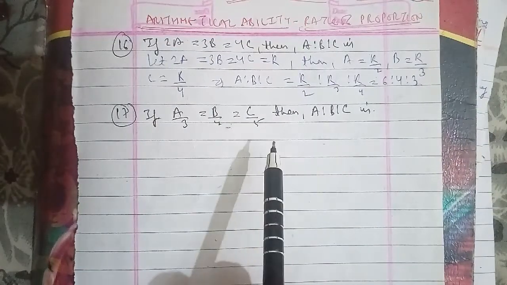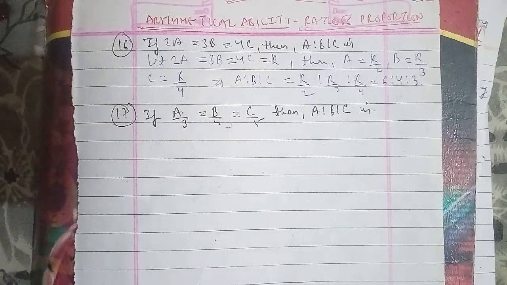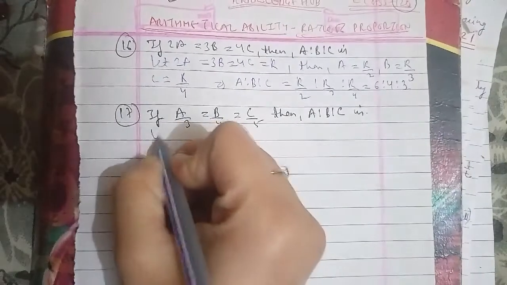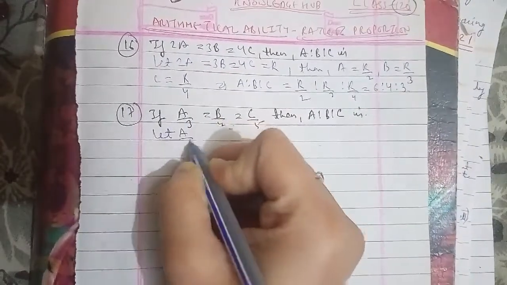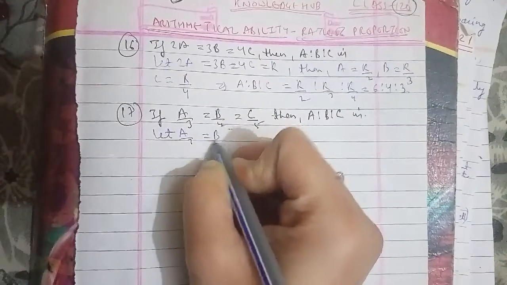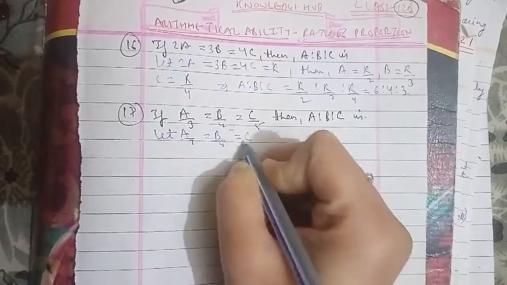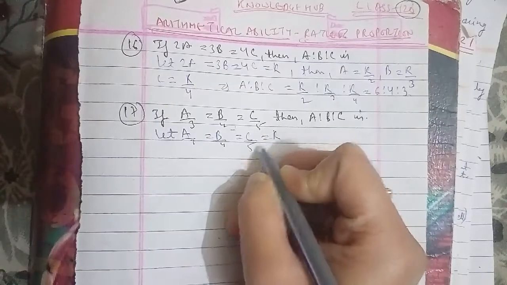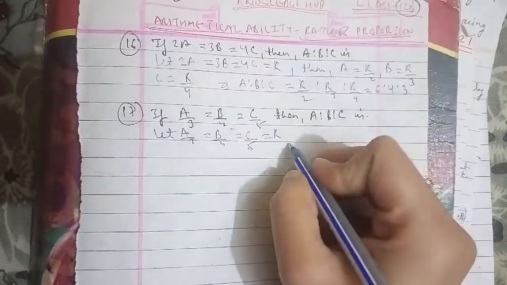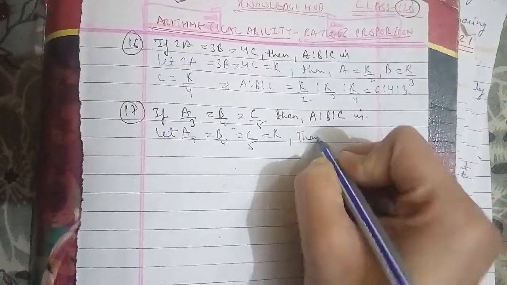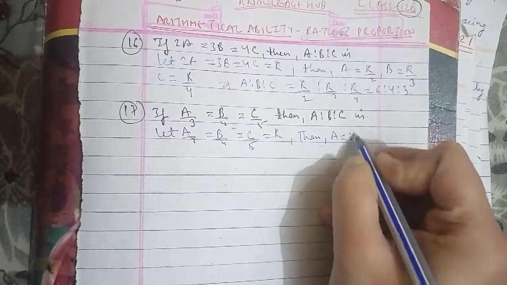So let a by 3 equals b by 4 equals c by 5 equals k. Then a equals 3k, b equals 4k, and c equals 5k.